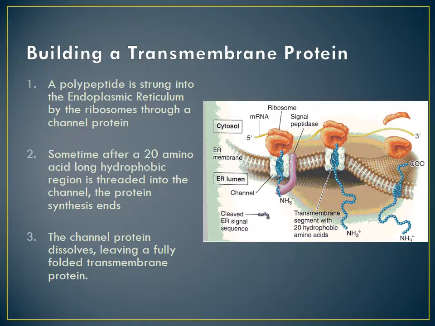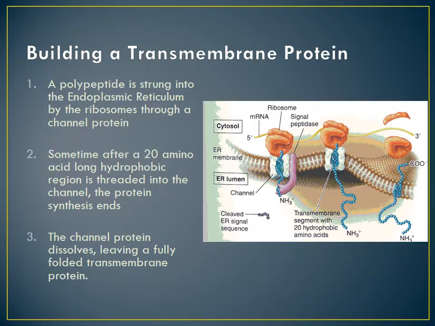On its surface, it sounds kind of difficult to do. You have this thing that's hydrophilic, hydrophobic, and hydrophilic. How do you get that hydrophilic part through the hydrophobic center? You don't have to. You form a channel. So what ends up happening is, in the rough endoplasmic reticulum, you have a C-shaped protein, sort of just hanging out in the endoplasmic reticulum.